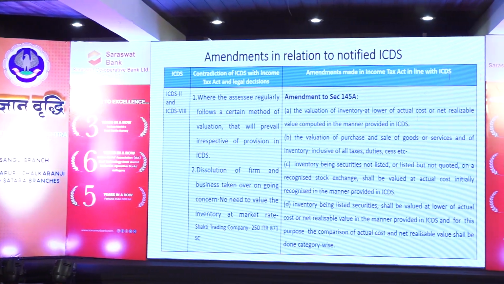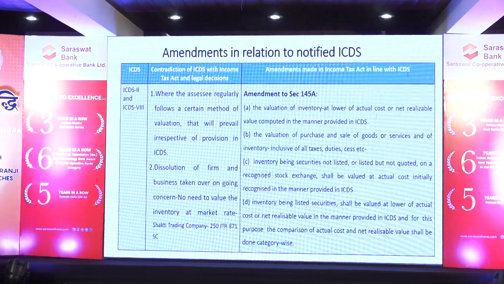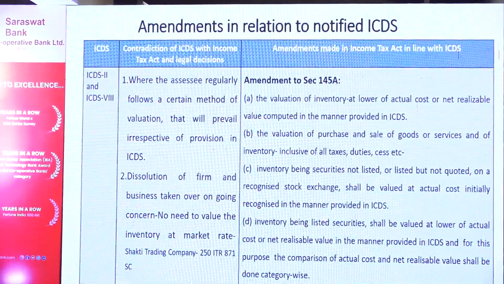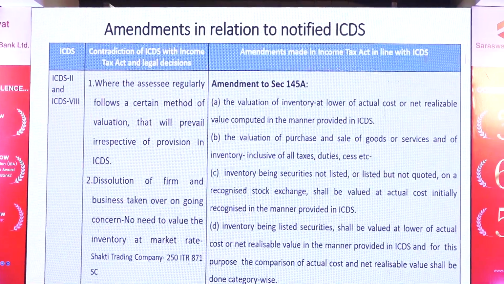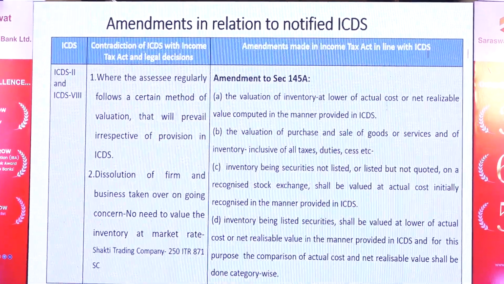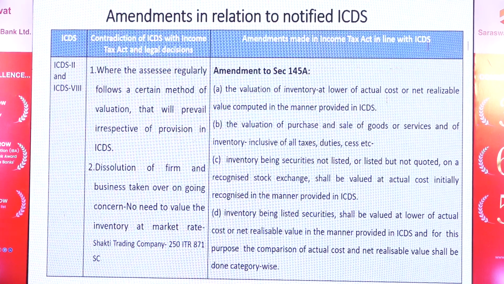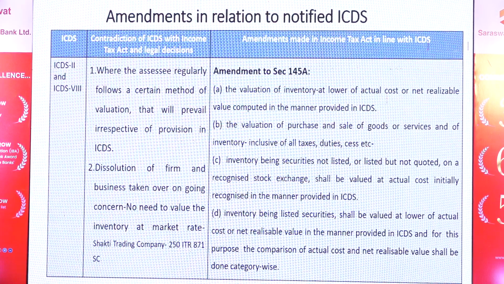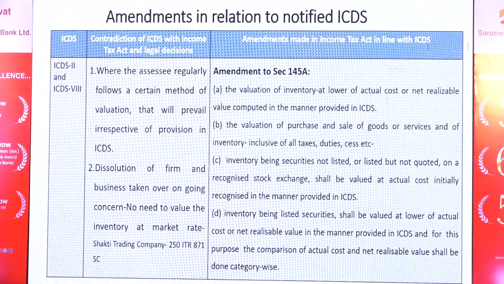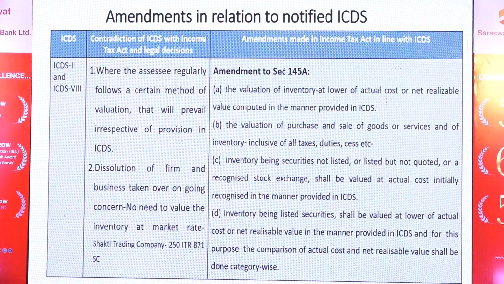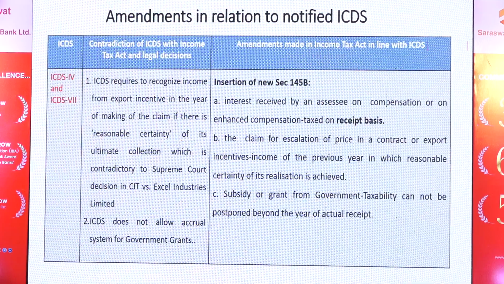Then we have the amendment to section 145A. 145A specifically deals with the depreciation scenario and inventory valuation scenario. I am going to deal with this when I am dealing with ICDS 2, valuation of inventory.